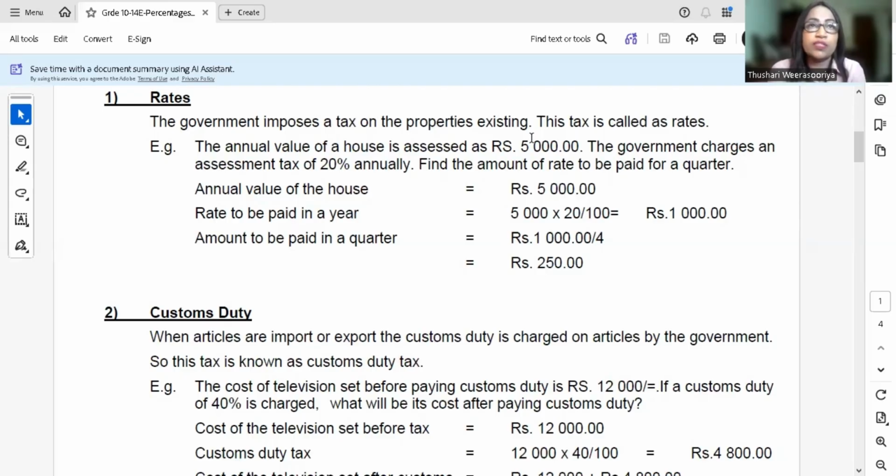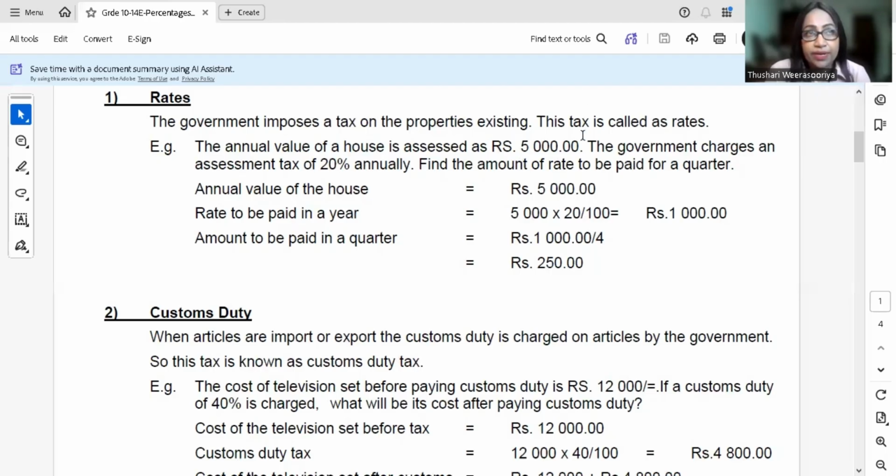Now, assume that you build a house, we have to inform the government office that we built a house. So they will come and assess it, right? And they give a value for that house. That is called annual value, right?